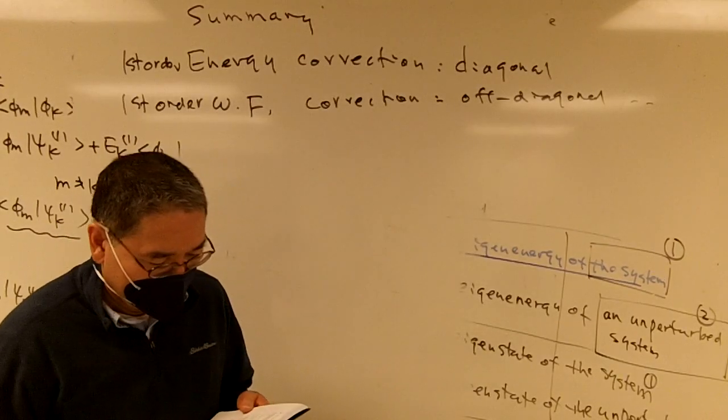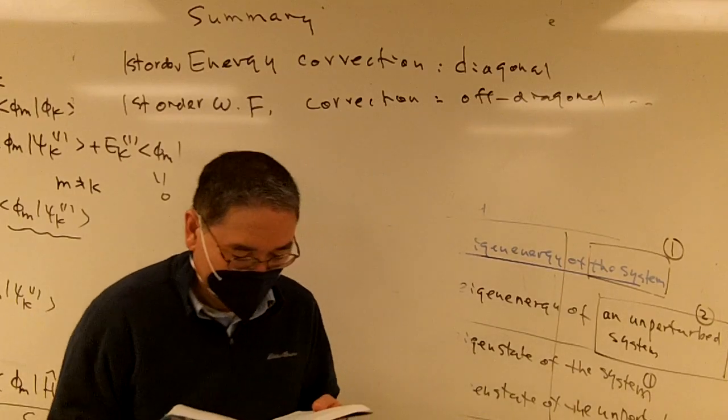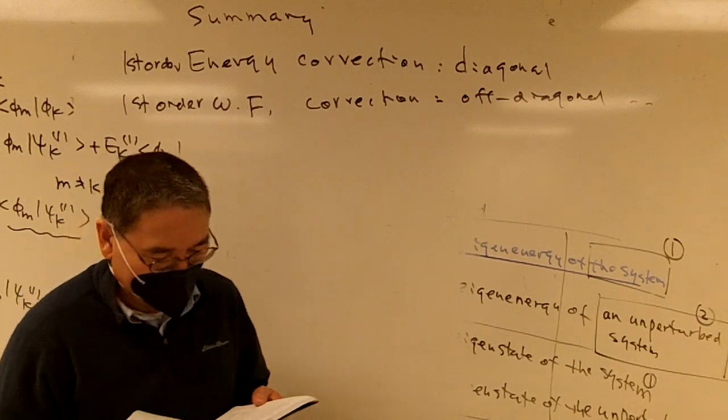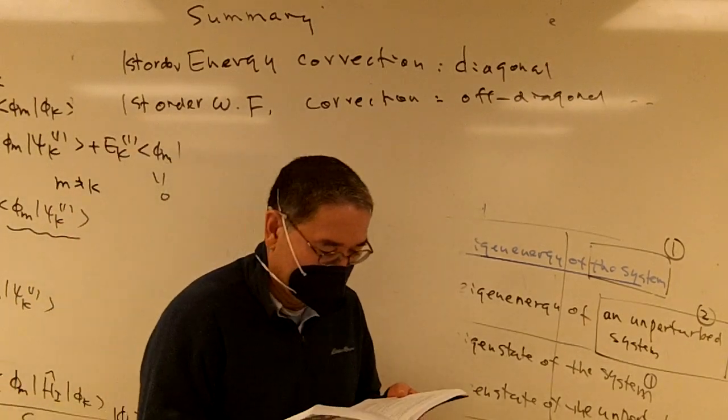To normalize it, one can compute the norm of psi of k, and rescale it: psi of k over the square root of psi of k psi of k.